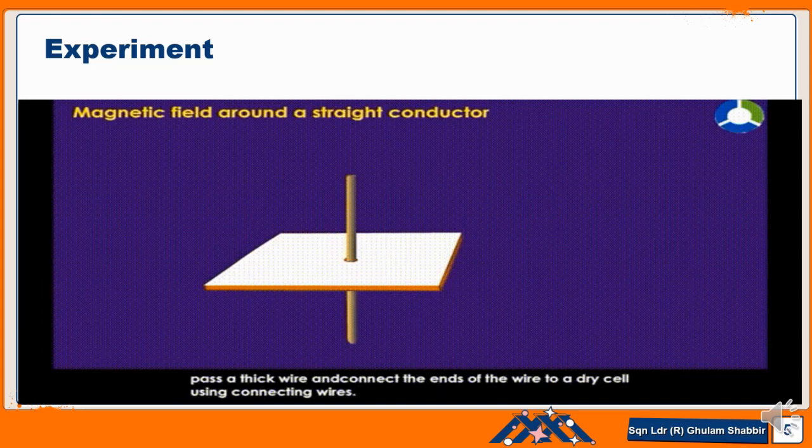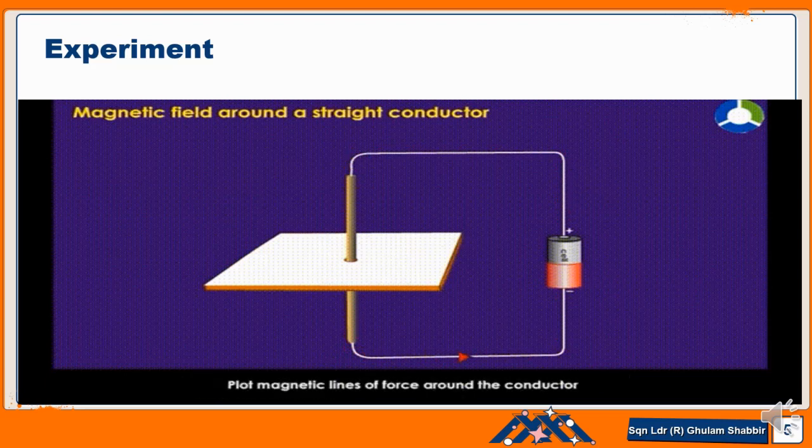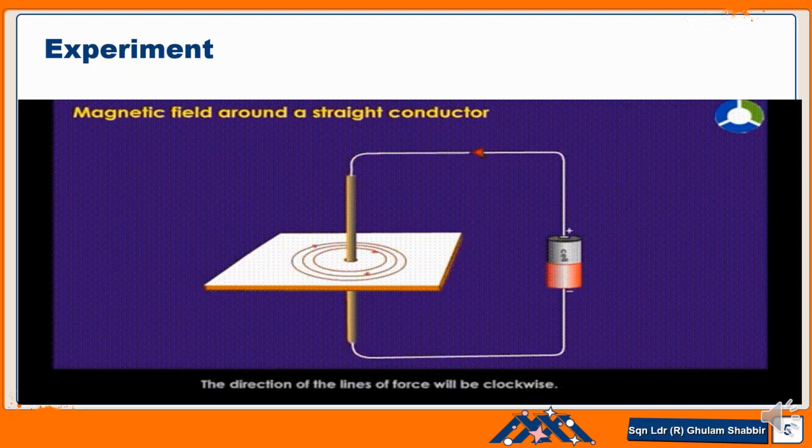The conducting wire has been passed and it is connected with the battery. So the current starts flowing from positive to negative. The current is passing from up to down. With the help of the magnetic compass, when we draw the magnetic field lines, then the magnetic field lines are in a circular path. So you can see that the magnetic field lines are in a circular path.